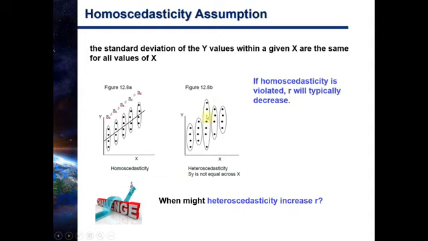What if, for example, instead of having an explosion here, we had an implosion? And instead of the variability becoming so much greater, it becomes so much smaller. Well, wouldn't that decrease the average distance points are to the line? And if it decreases the average distance points are to the line, it means R will be a higher number.